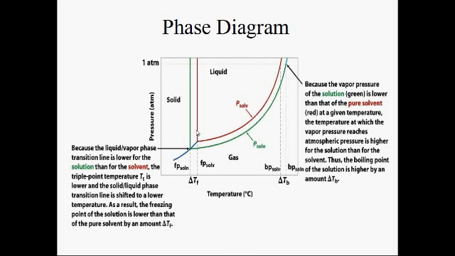So we're going to lower the freezing point. This would be the freezing point up here. But as we shift the solid-liquid equilibrium line to the left, we lower the freezing point.